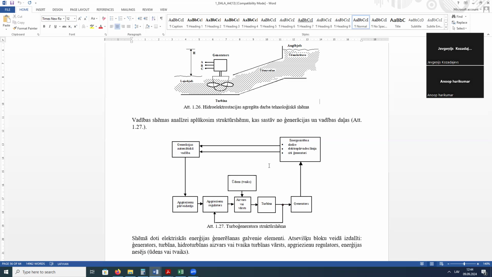We have hydro, solar, wind with inverters, and turbo generators, and they are different. The main question is how this one generator could look like.